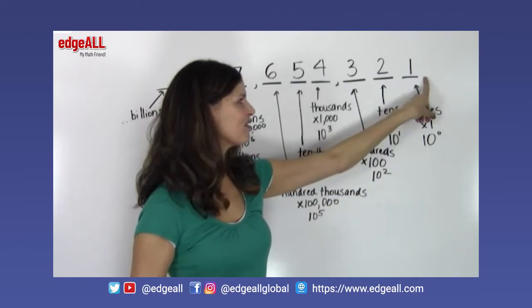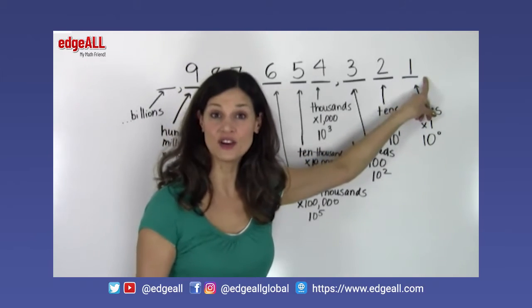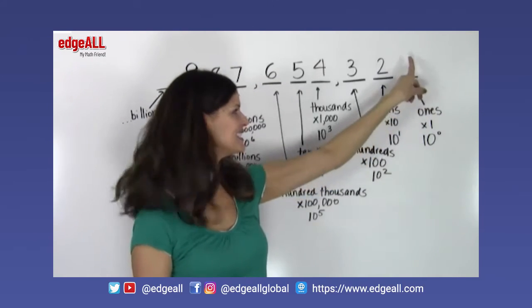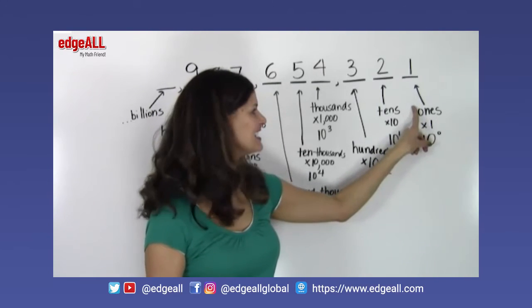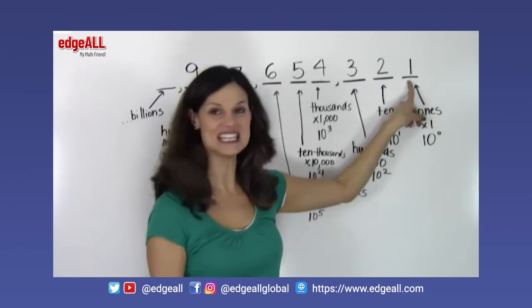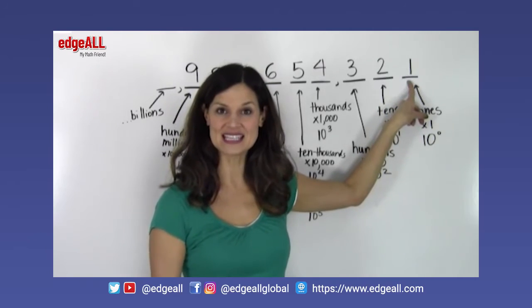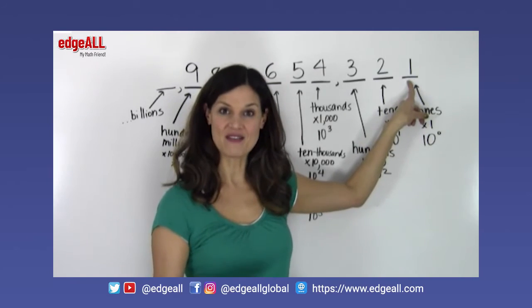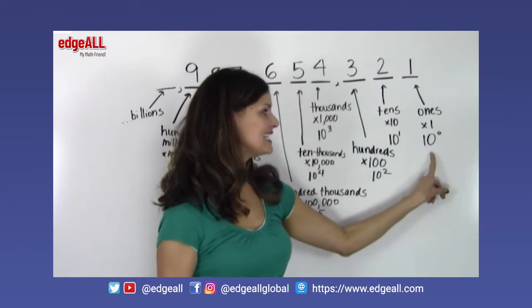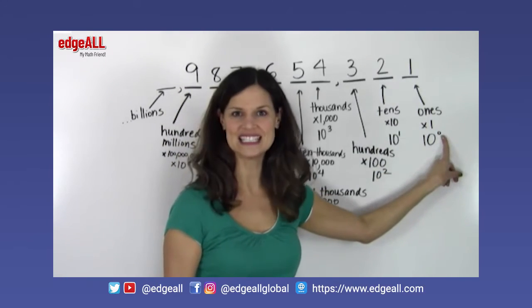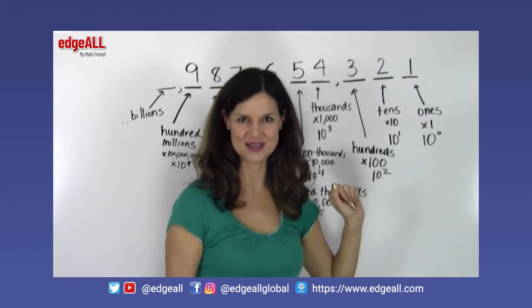Starting over to the right, our first digit is in the ones place. Any digit in the ones place has a value of that digit times 1. We say this is 10 to the power 0 in this first position.